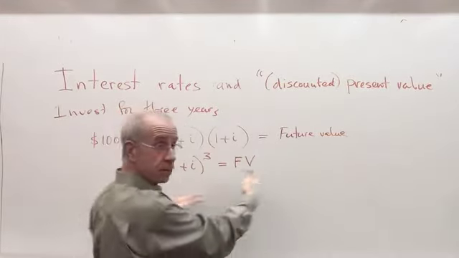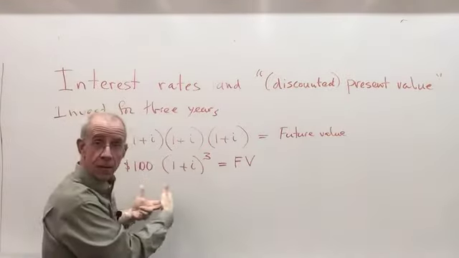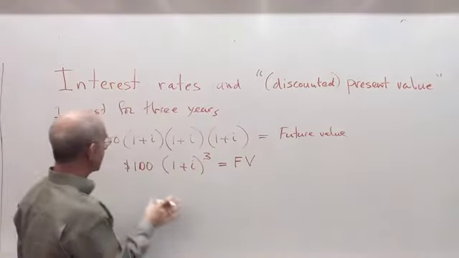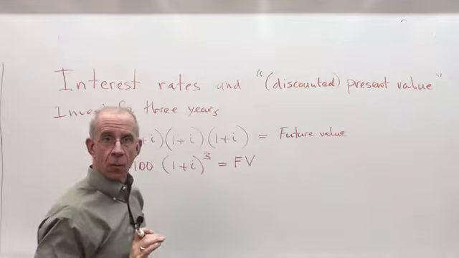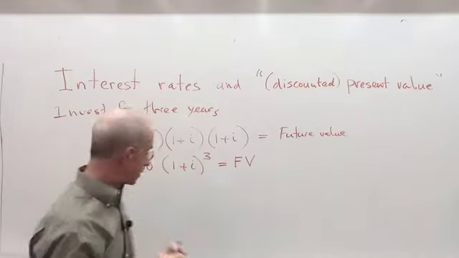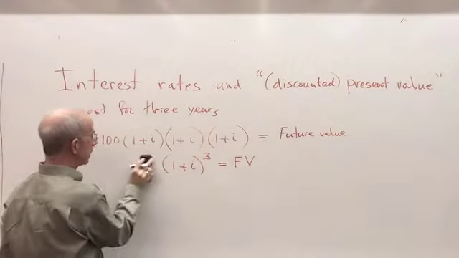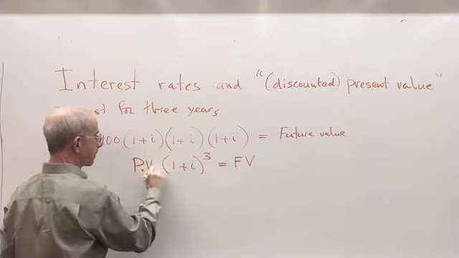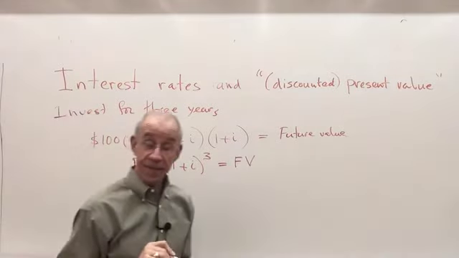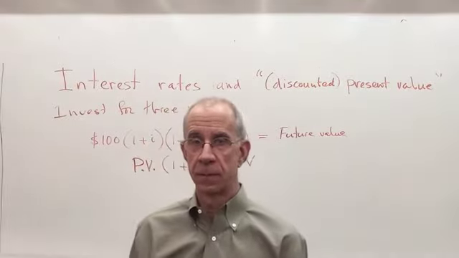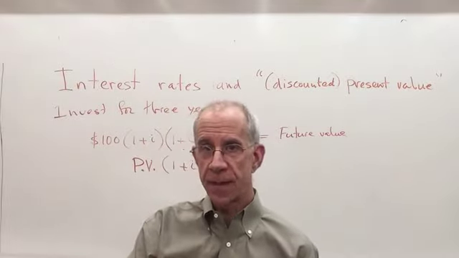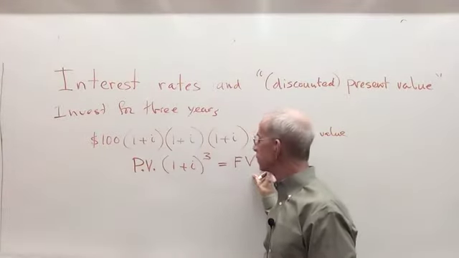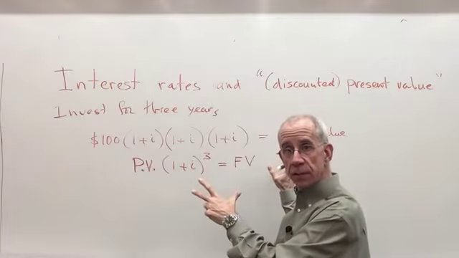So that tells me the future value of taking my $100 at this interest rate over 3 periods and getting this final outcome. Now let me take that number 100 out and put into it PV, the present value. This is the present value of the payment in the future using the formula that we just did.